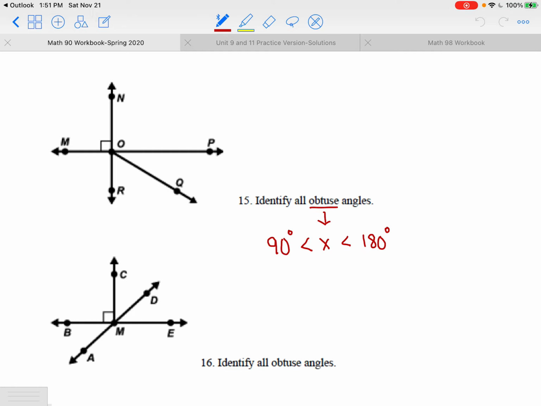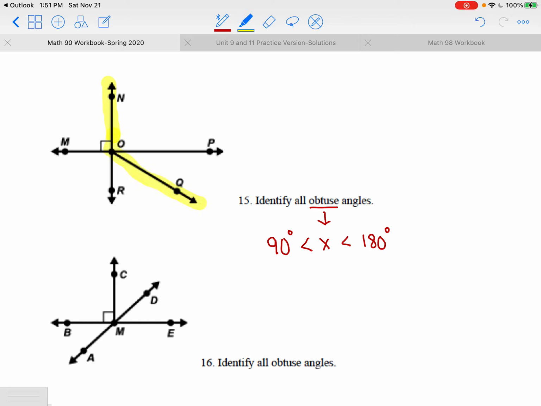Okay, so let's do that. What I want us to do is concentrate on the rays. So let's just start here. There's a ray going up here, right? We know we can't use that angle there because that is exactly 90 degrees, and we know that because of the 90-degree marker on the other side, the little box.